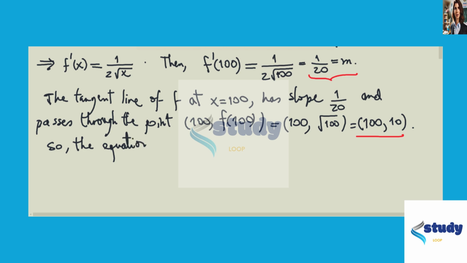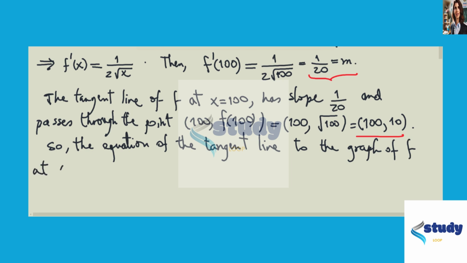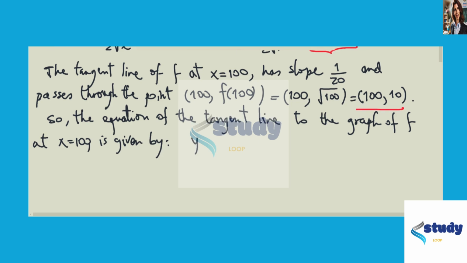So the equation of the tangent line to the graph of f at x equal 100 is given by y minus this value here, 10, equals the slope, that is 1 over 20, times x minus this value here, 100.